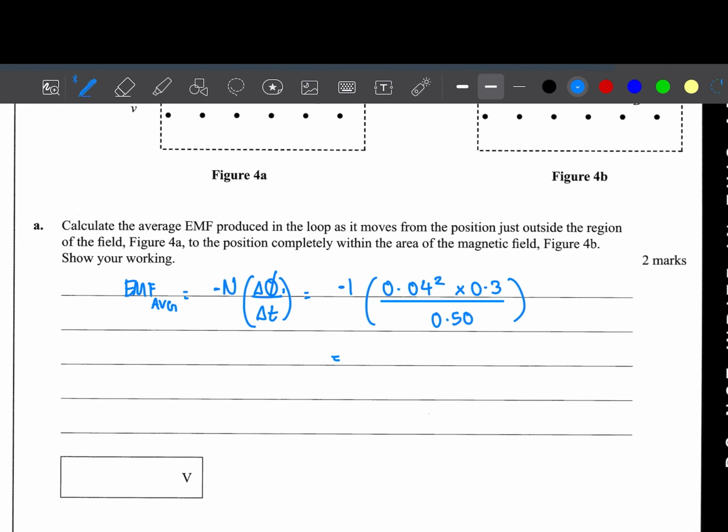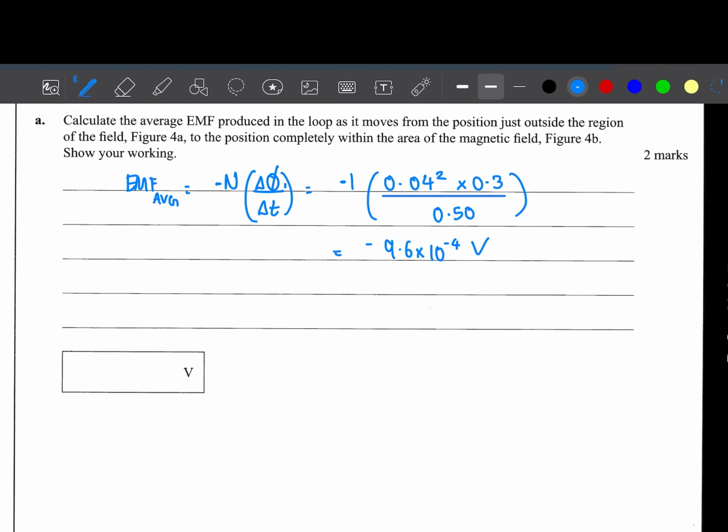So let me just punch that in my calculator. Okay, so I get negative 9.6 times 10 to the power of negative 4 volts.